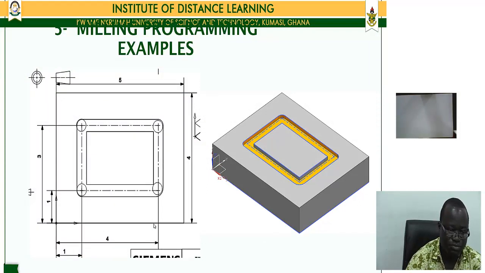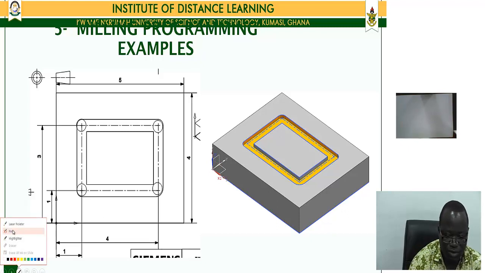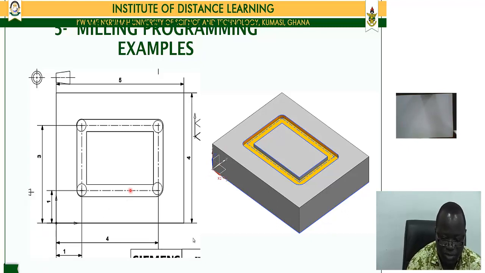The first example that we're going to look at is the example in this view, as we're going to create these slots within the block, and we have the block dimensioned as shown here.